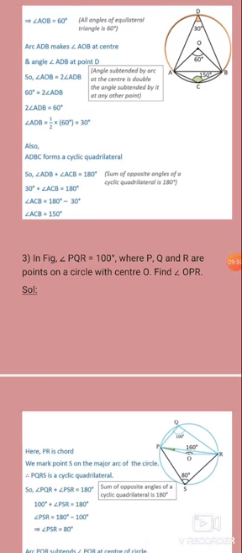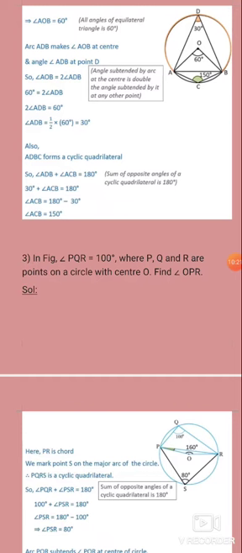In this figure, angle PQR is 100 degrees, where P, Q, R are points on the circle with center O. Find angle OPR, the small angle. Okay. So here PR is a chord.